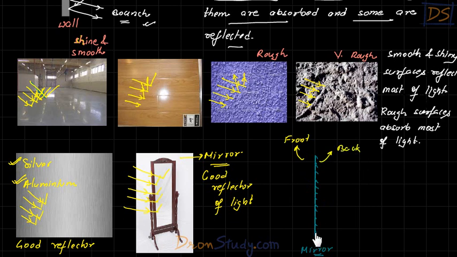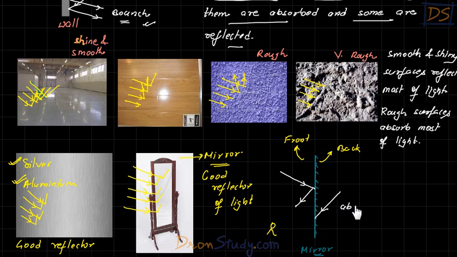Suppose you have to see your image, to see how you are looking. You will stand here, so this is the front of the mirror and this is the back of the mirror. If any light ray hits the front part of the mirror, it will be reflected. But if any light ray hits the back of the mirror, it will not be reflected.